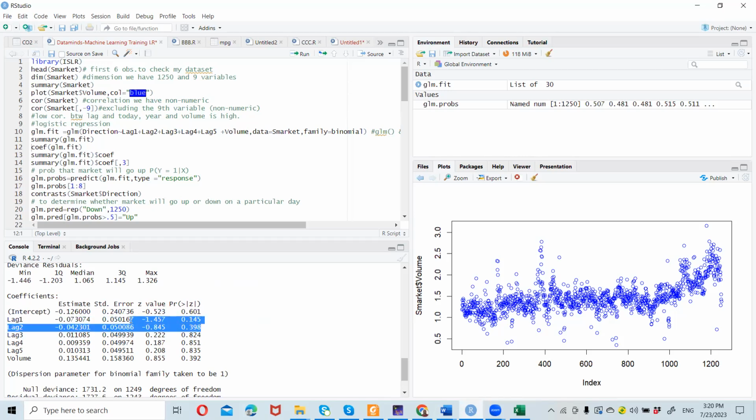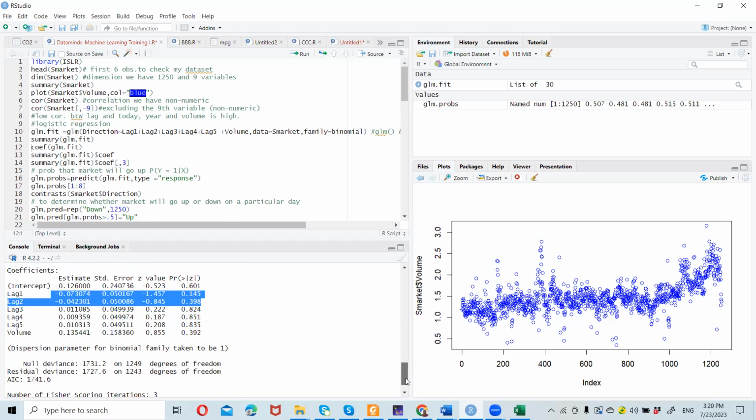For those of you familiar with stepwise regression, forward pass and backward pass, this one is backward, because we are removing 3 of the variables. We'll be left with only lag 1 and lag 2.